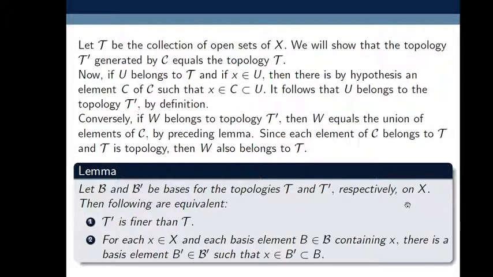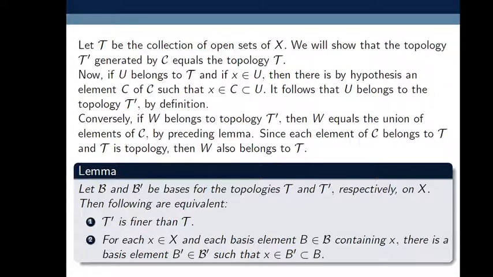Remember this. So we have to show that these statements are equivalent, meaning 1 implies 2 and 2 implies 1. So tau dash is finer than tau. We know what is meant by finer; the comparison of topologies we discussed in an earlier lecture.